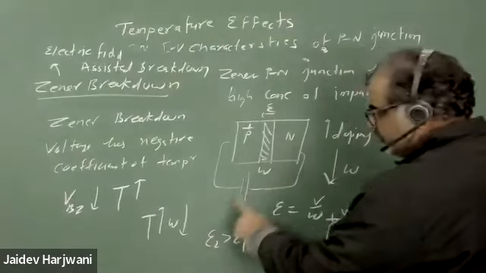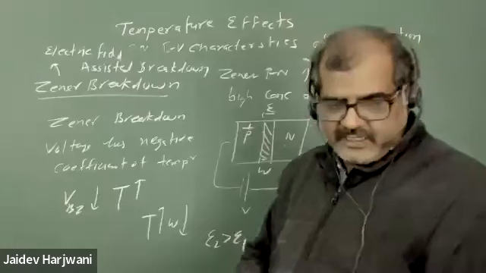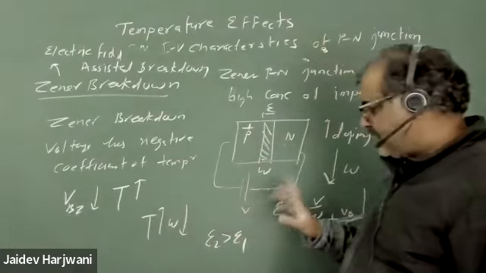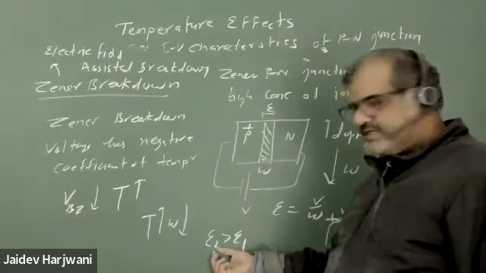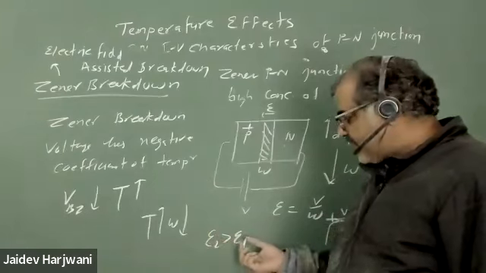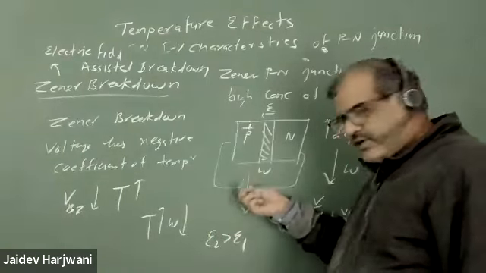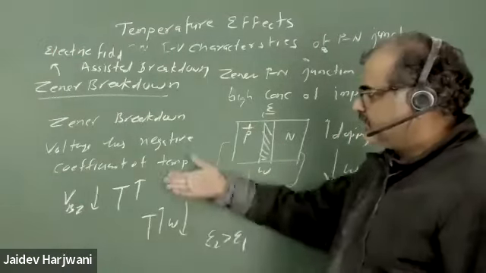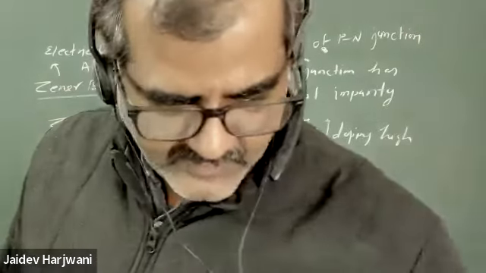That means now you can reduce this voltage. There's a reverse effect. Are you comfortable with this explanation? Earlier this field was sufficient to break the bond. Now the field becomes more, so you can slightly reduce the voltage and breakdown will still happen. So Zener breakdown has a negative temperature coefficient.